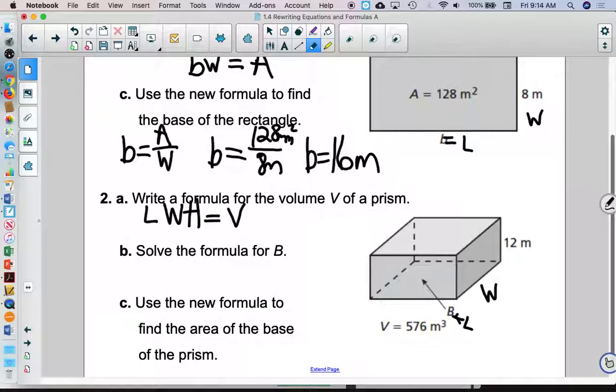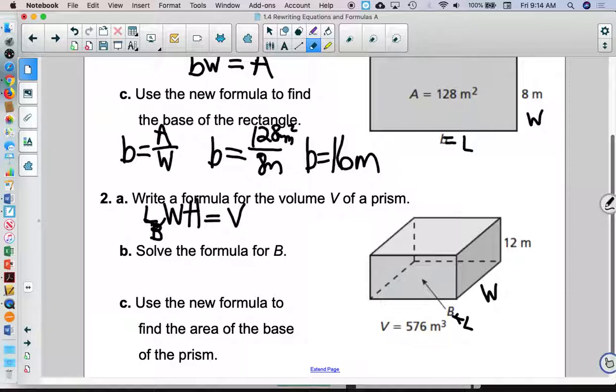So I'm going back to this. But I know what we're going to have. Length times width times height is what we're used to, right? This here, LW equals the B. Making sense? Length times width is the area of the base. Do you agree with that?